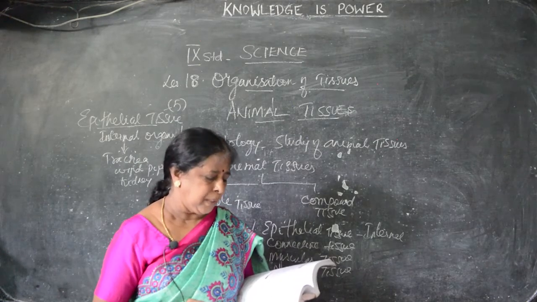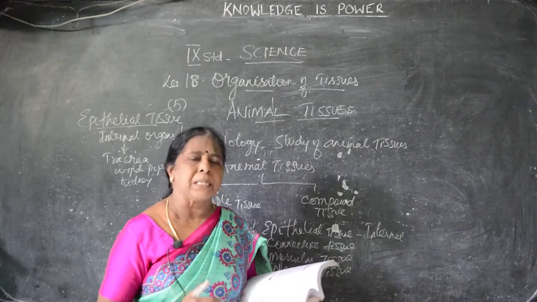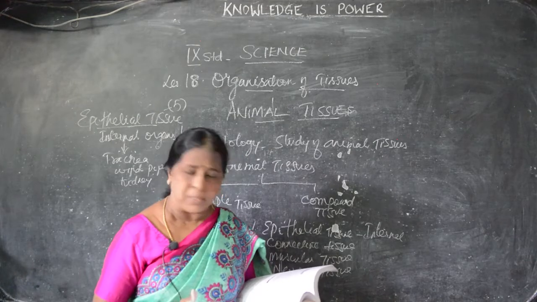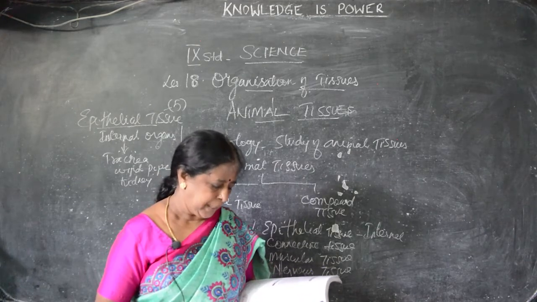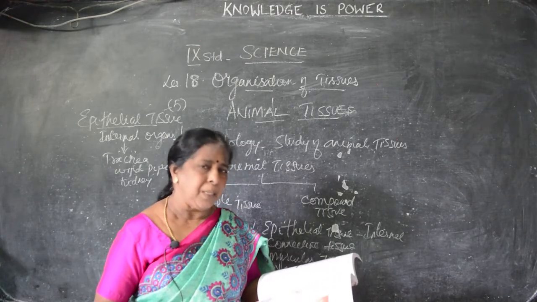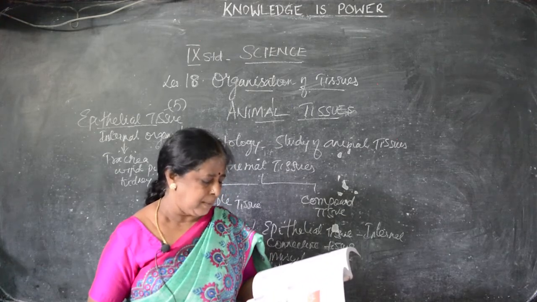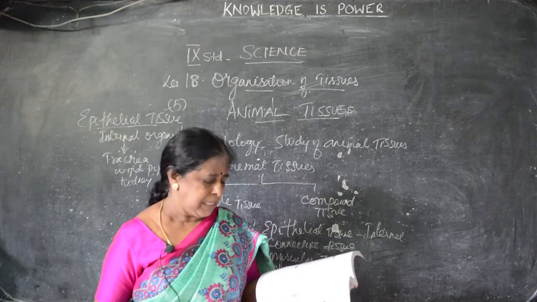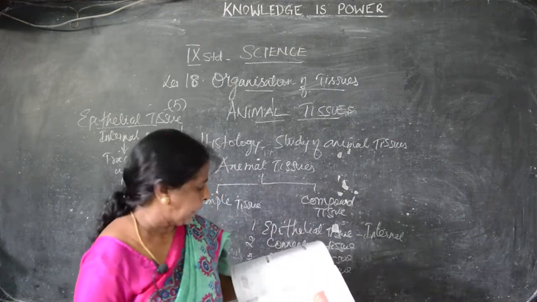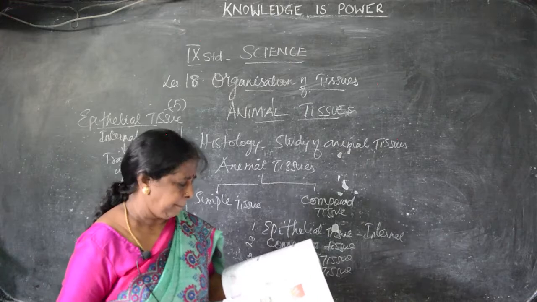Then cuboidal epithelium, you can see in the exocrine gland, that is the pancreas. The main function is secretion and absorption. Then columnar epithelium, they are slender and elongated and can be seen in the stomach. Underline the parts where we can see it: stomach, gallbladder, bile duct, small intestine and colon.